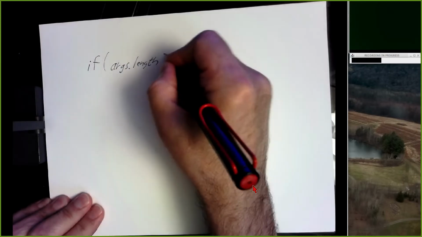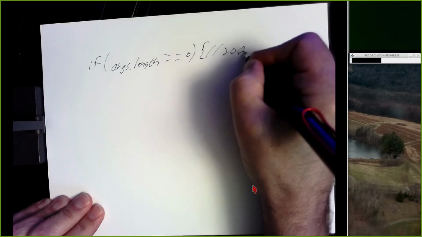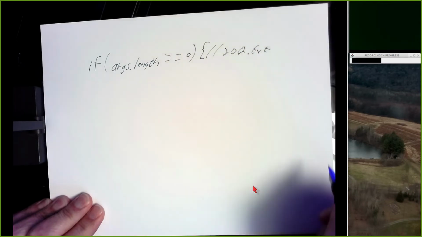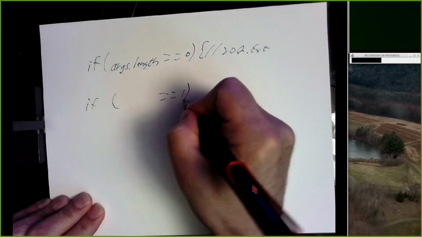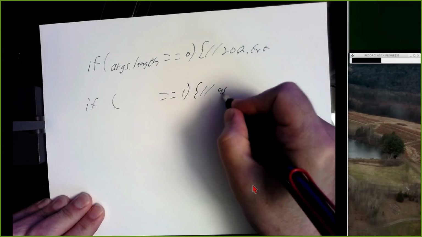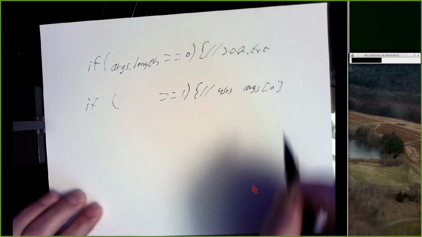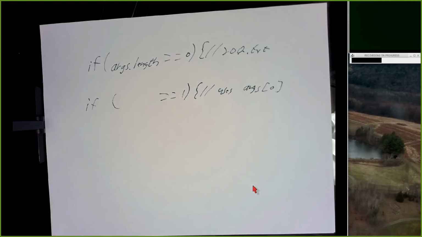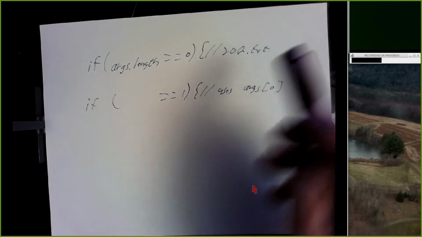So if args.length is equal to 0, you want to just go with 20q.txt from your current directory. If it is equal to 1, then you want to use whatever is inside args[0]. And so when you construct your scanner, you'd say new Scanner(new File(args[0])) instead of 20q.txt.